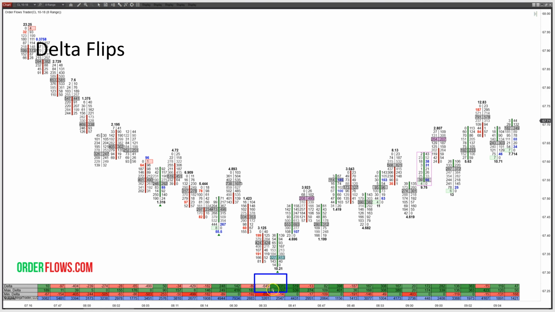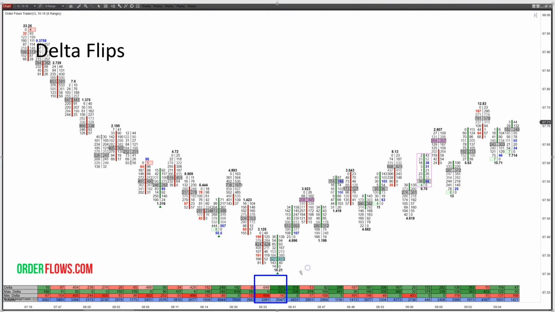This is how it will look. This is a delta flip buy. You've got minus 649 as the final delta. You can see the max delta is 0, so at no point was the delta positive in the bar. The min delta is minus 654. Then in the next bar, it's flipped.